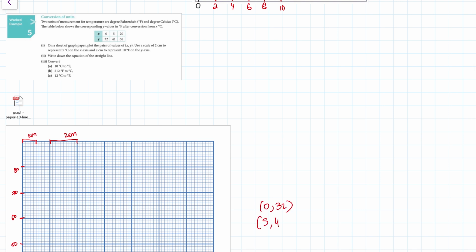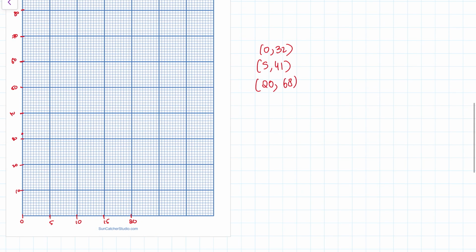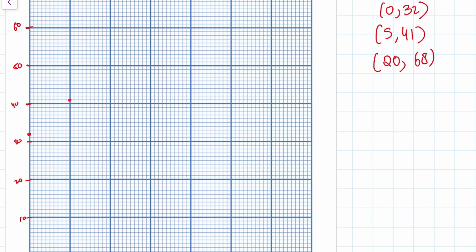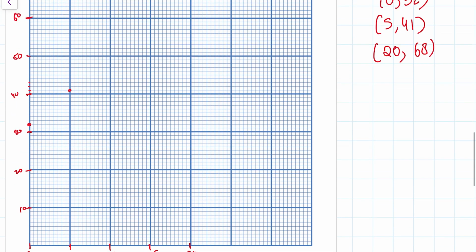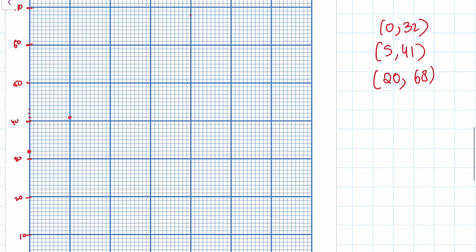Then it's 5, 41. Then it's 20, 68. Let's put it on the graph. 0, 32. 5, 41. So each small division represents 1 unit. 41, 42, 43, like that. 20, 68.